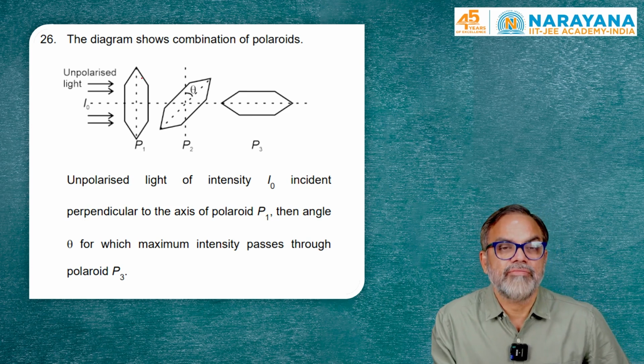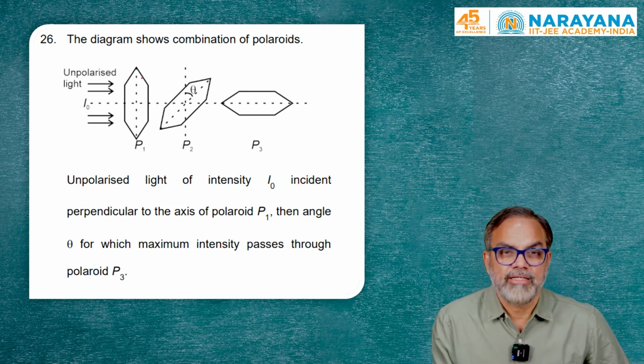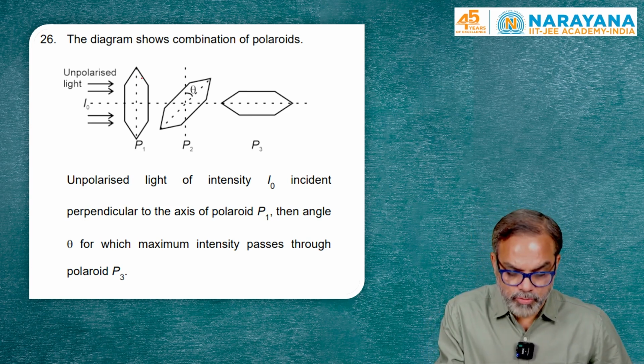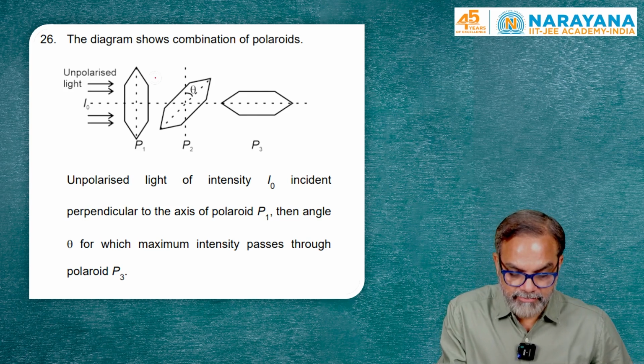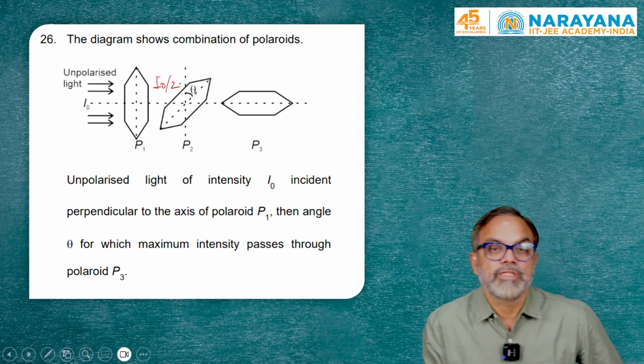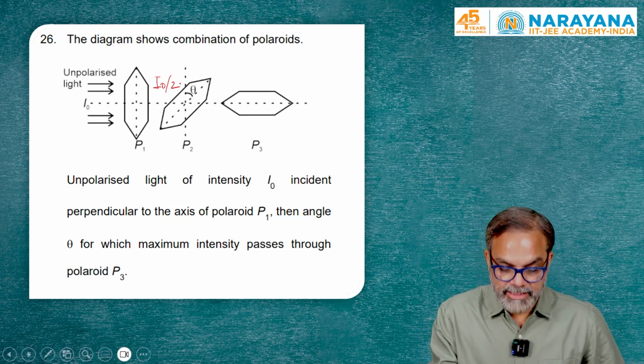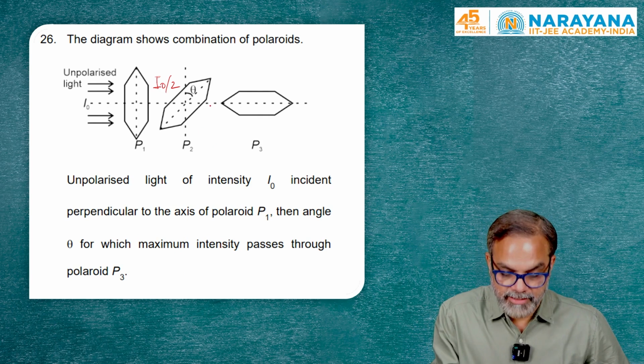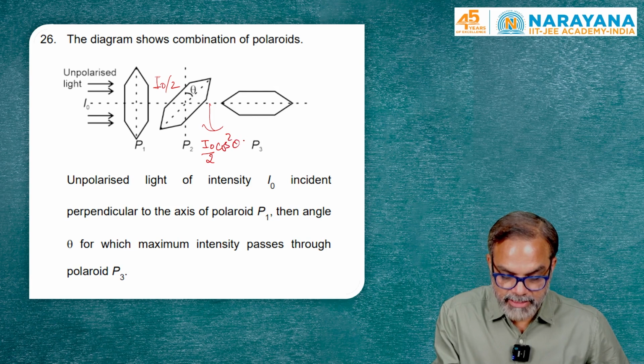Intensity of unpolarized light is given I naught. And you know that when it passes through the first polarizer, the intensity will become I naught by 2. It will be half. And once it passes through the second polarizer, the intensity will be I naught by 2 cos square theta.